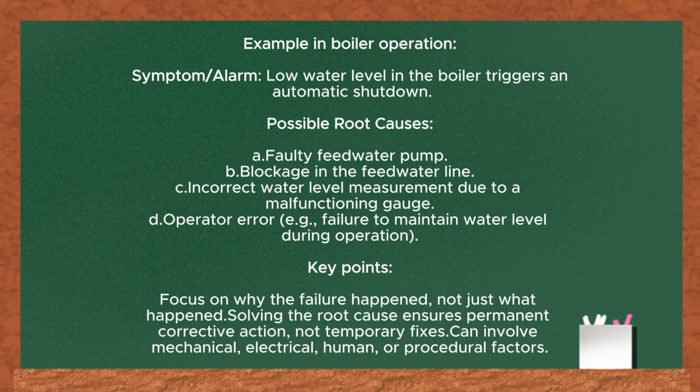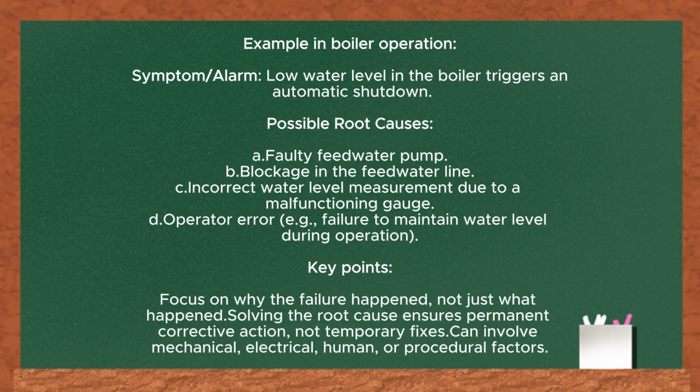Blockage in the feed water line restricts water flow into the boiler, leading to insufficient water levels. C. Incorrect water level measuring due to a malfunctioning gauge. So, a malfunctioning gauge gives incorrect water level readings, preventing proper monitoring and control.